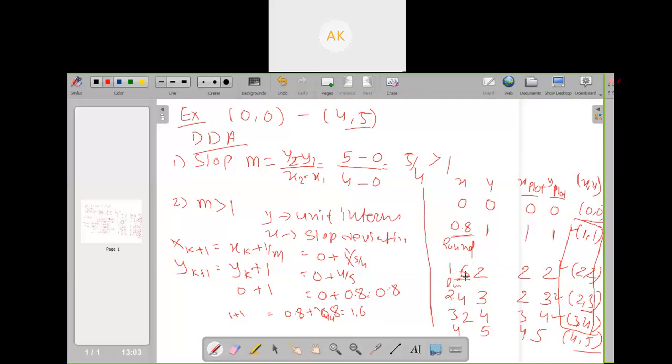When the value after the point is greater than or equal to 5, you have to apply the ceiling function. When the value after the point is less than 5, as in 2.4, then we have to apply the floor function. The value of 2.4 will be 2, and 3.2 will be 3. So x plot, y plot means the actual values you are going to plot on screen. That is why this column is named x plot, y plot.